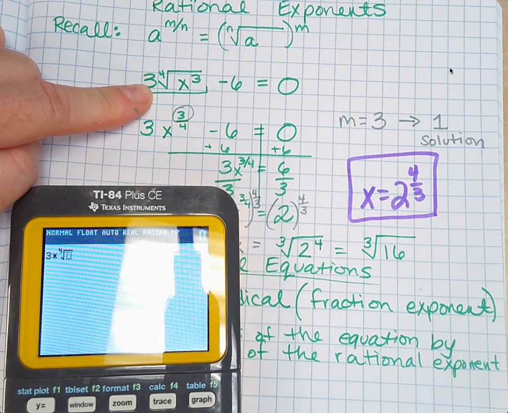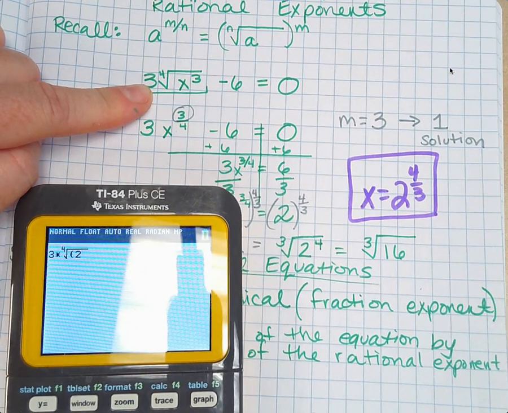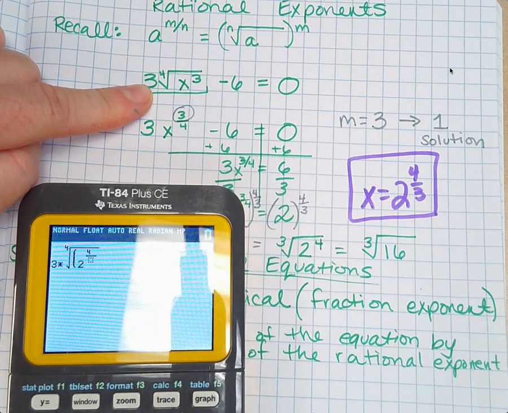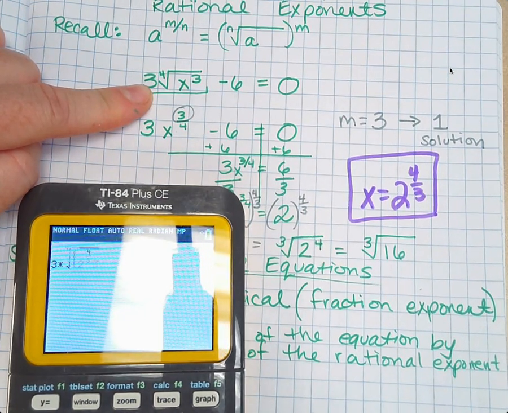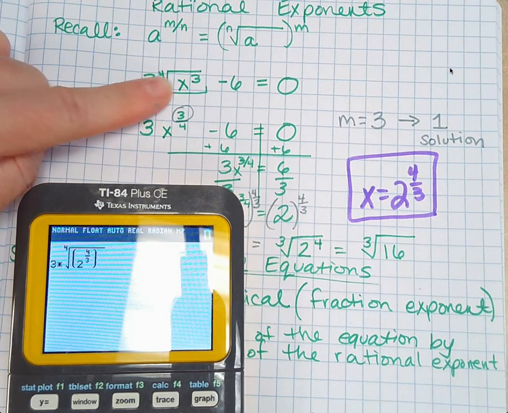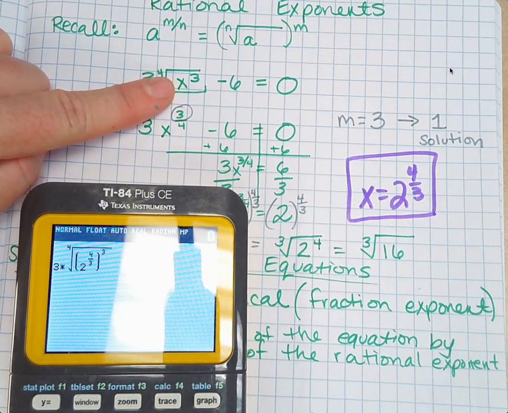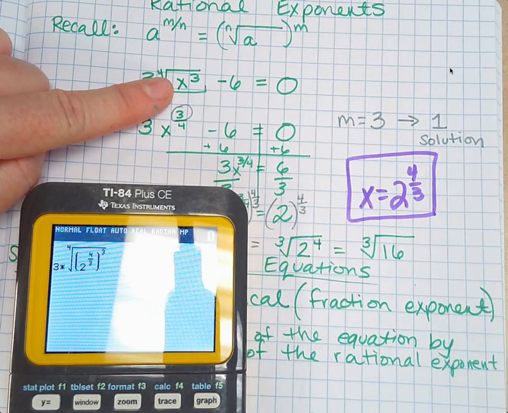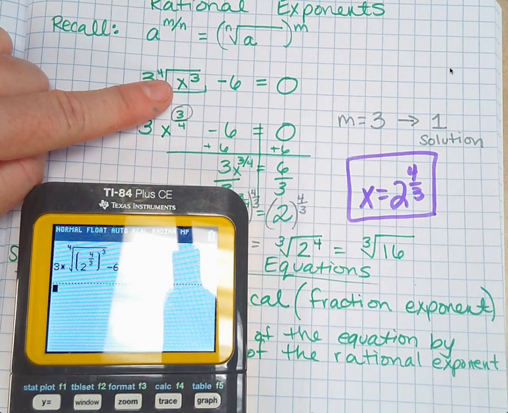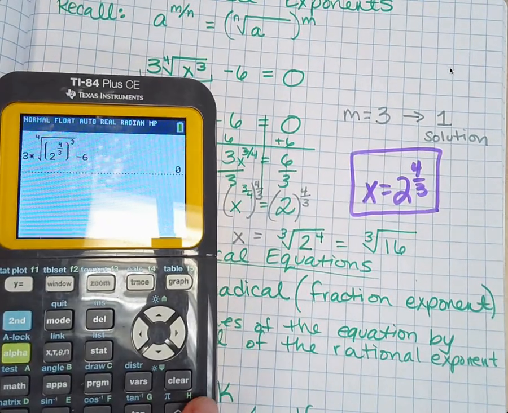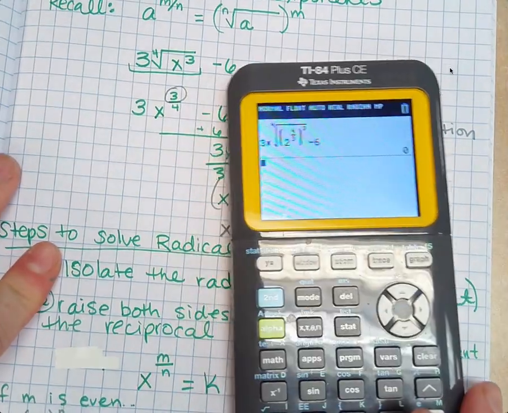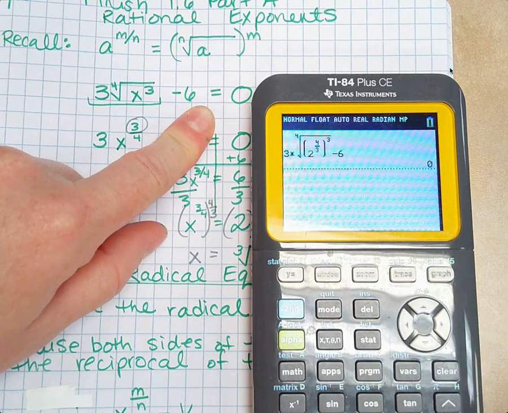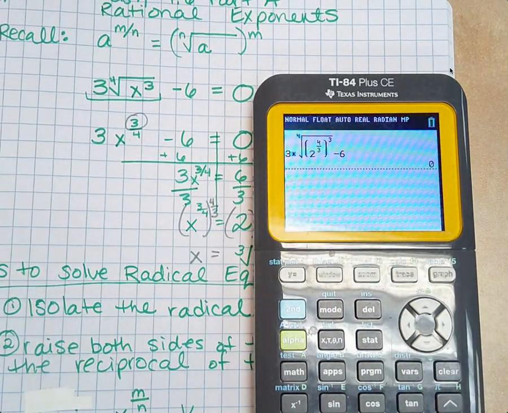And then our x is 2 raised to the 4/3. And we want it raised to the 3rd. Then minus 6. So then that actually checks out, just our one solution. So we're done at that point.